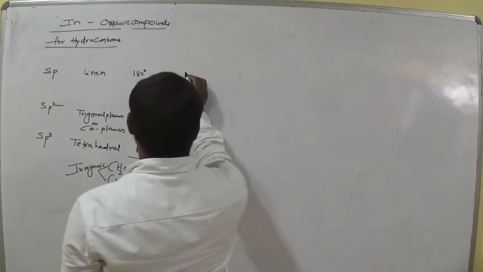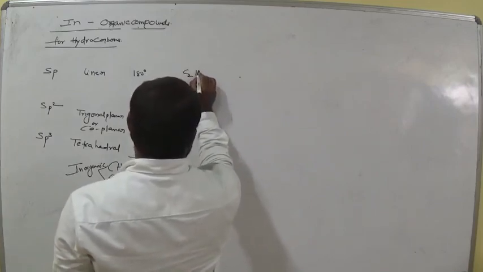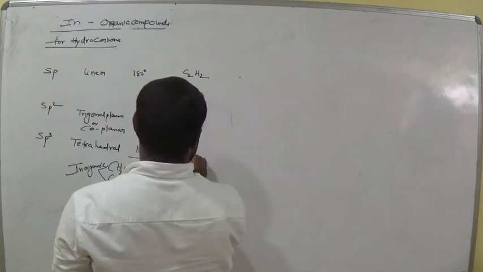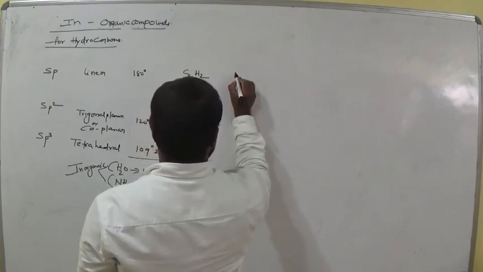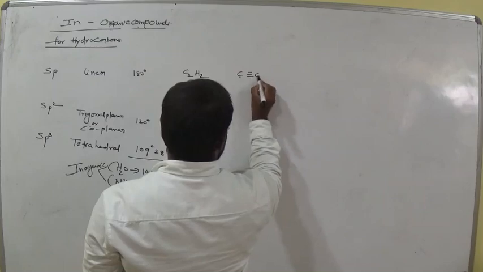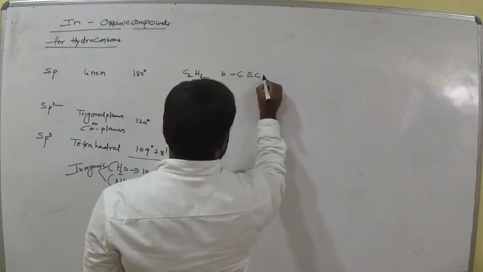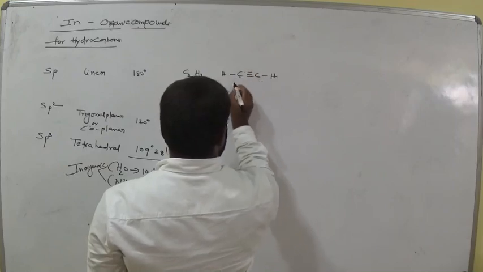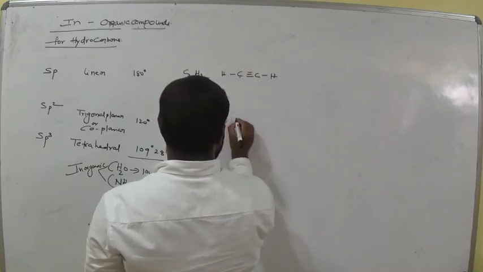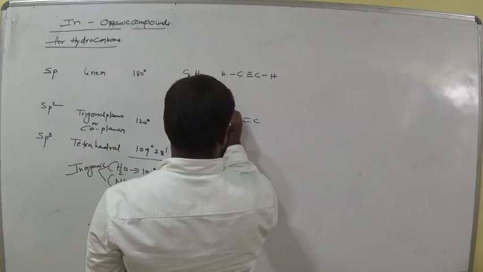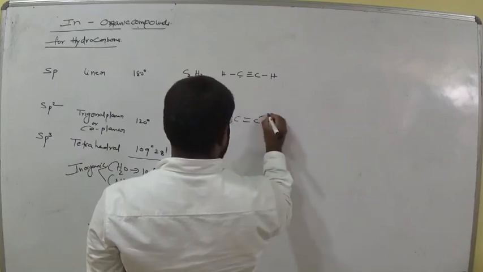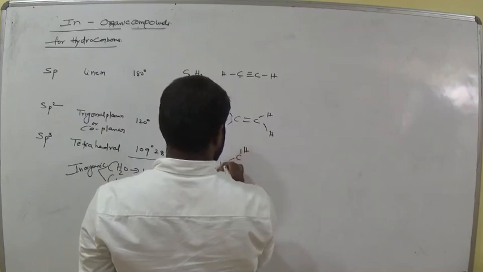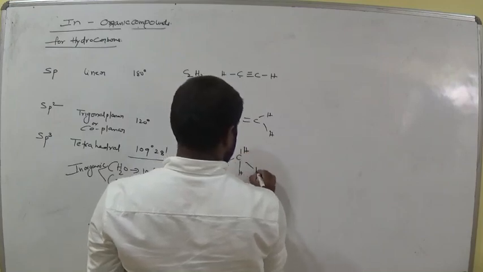Example: C2H2, C2H4, CH4. Structure: C triple bond C, with H and H. Am I right? Okay, bond angle and number of sigma bonds we will discuss later. C2H4: C double bond C with H, H, H, H. Here CH4. Clear?